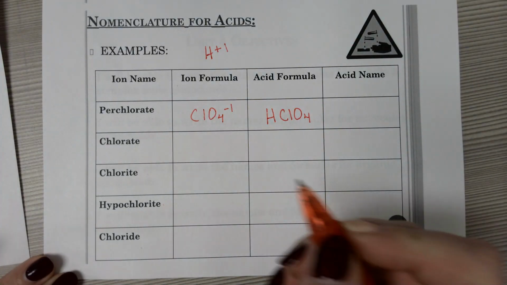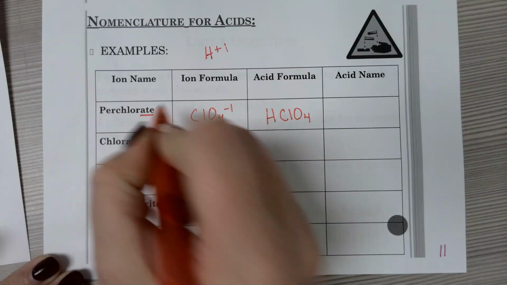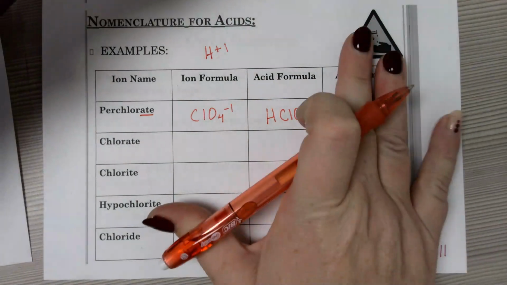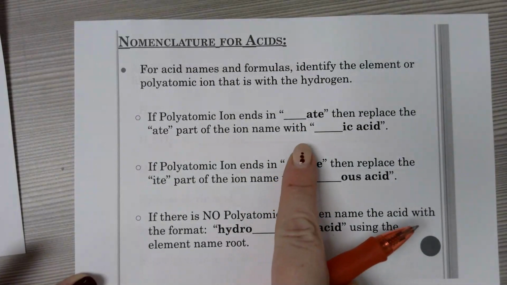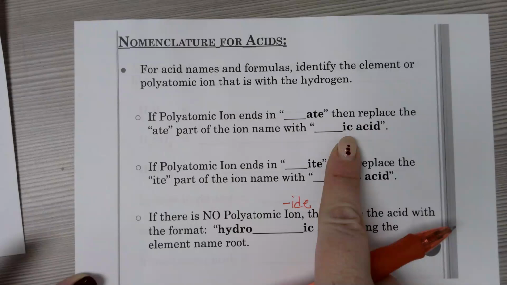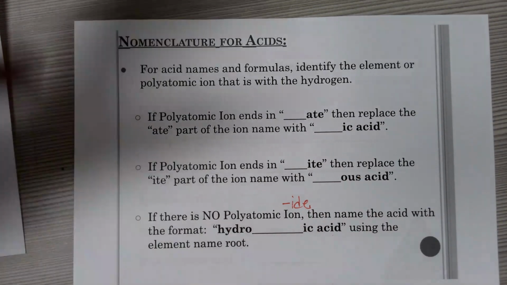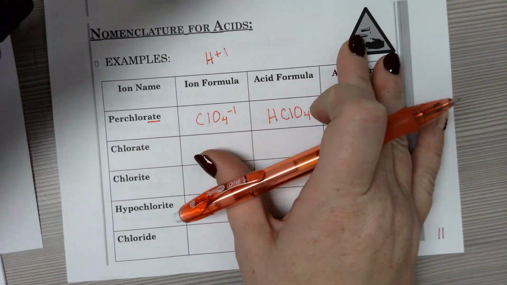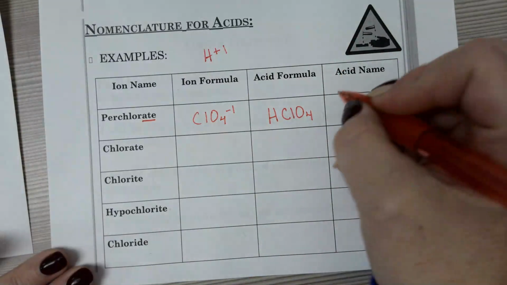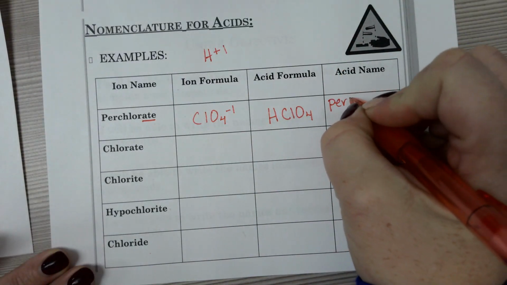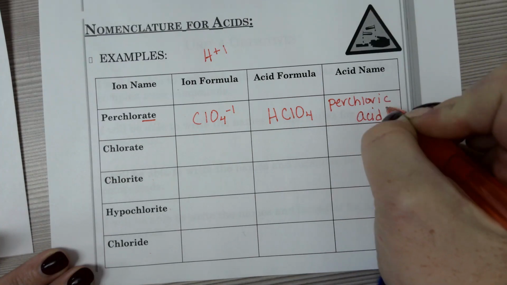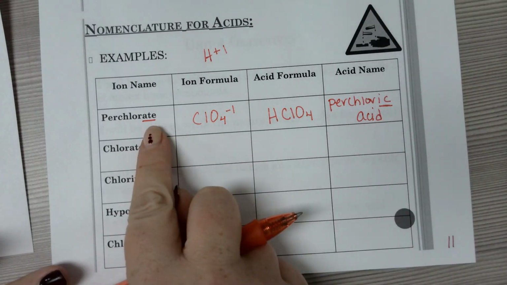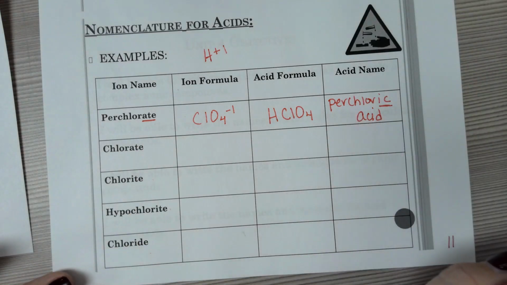Now, for our name, we have an ATE ending. So for an ATE ending, we are going to change it from ATE to IC and then add the word acid. So this one is going to be perchloric acid. So again, we're changing that ATE to IC.